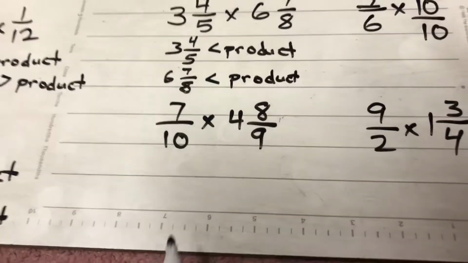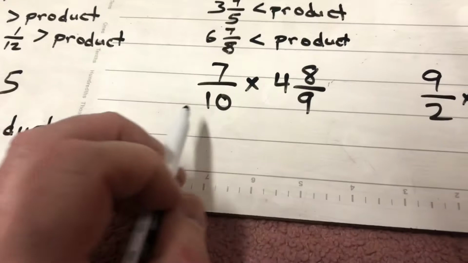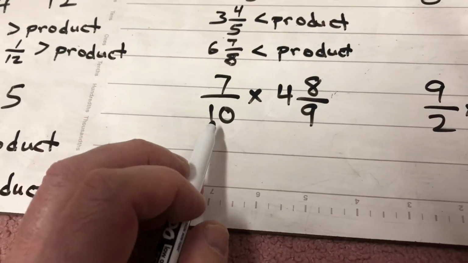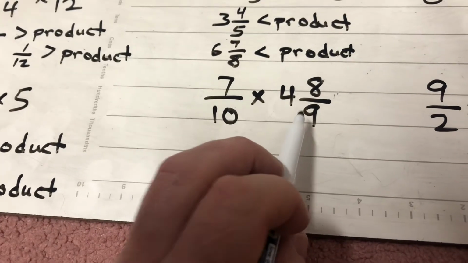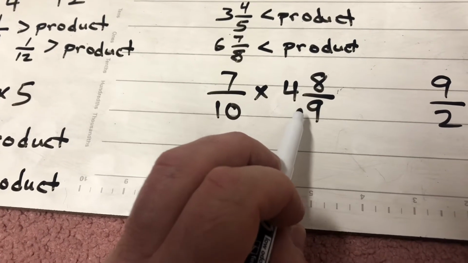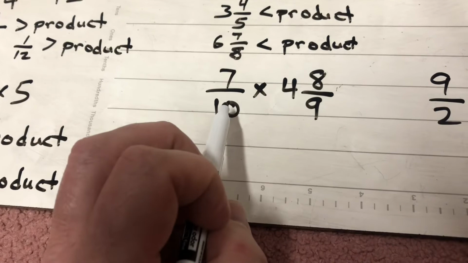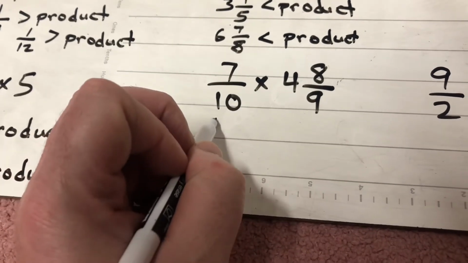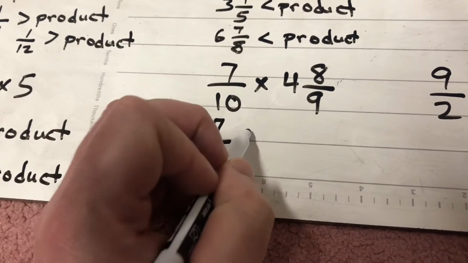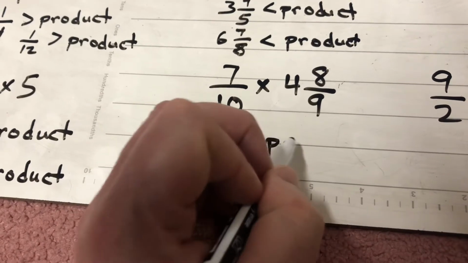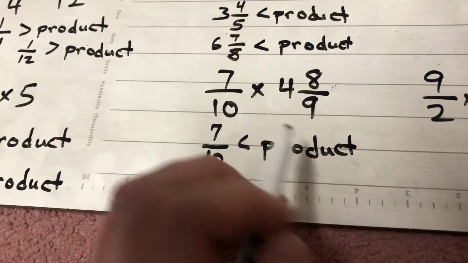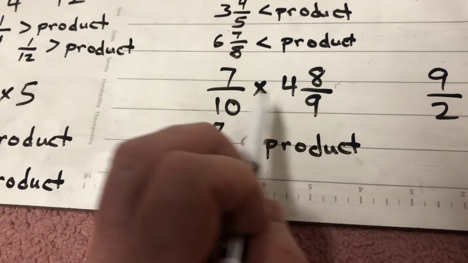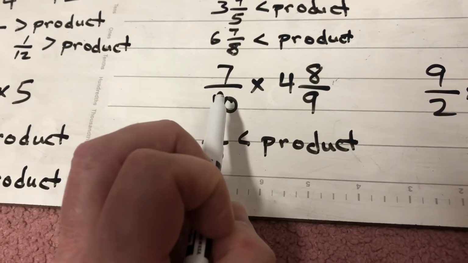Well, 7/10 times 4 8/9. I'm taking 7/10, which is a proper fraction less than 1, but I'm multiplying it by something bigger than 1, by 4 8/9. So this number is actually going to get bigger with the product. So 7/10 is actually going to be less than what the product is going to be. My product is going to be bigger. But with 4 8/9, I'm multiplying that by something that's less than 1.